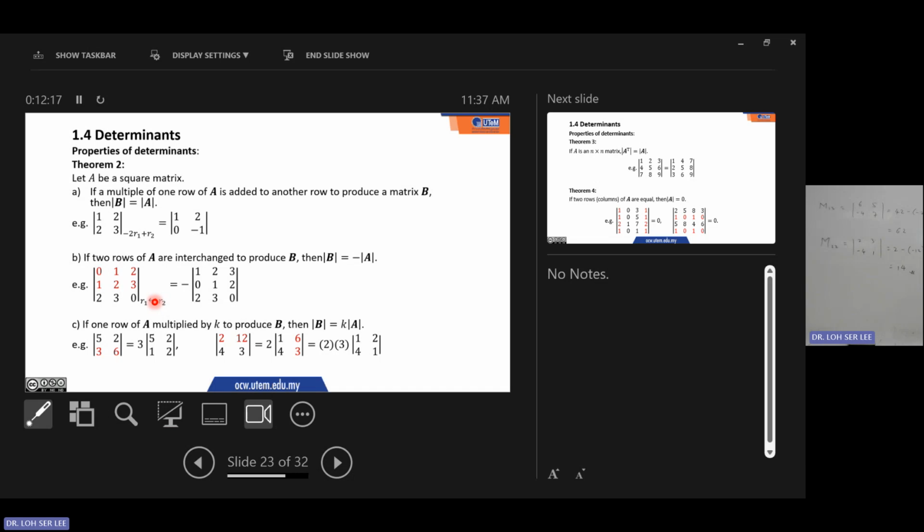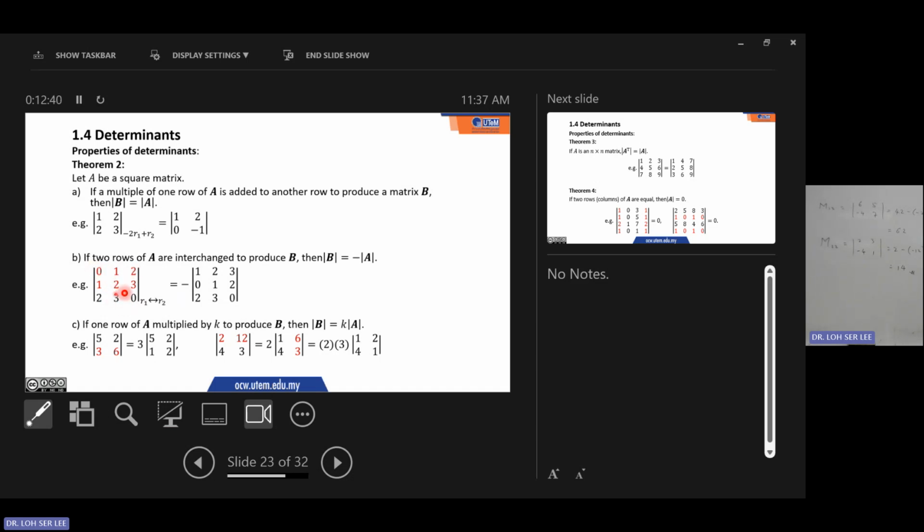When we apply this operation, the determinant of the matrix will change in such a way that you get a negative. Whenever you swap 2 rows, you get 1 extra negative. Let's say for this matrix the determinant is 5.